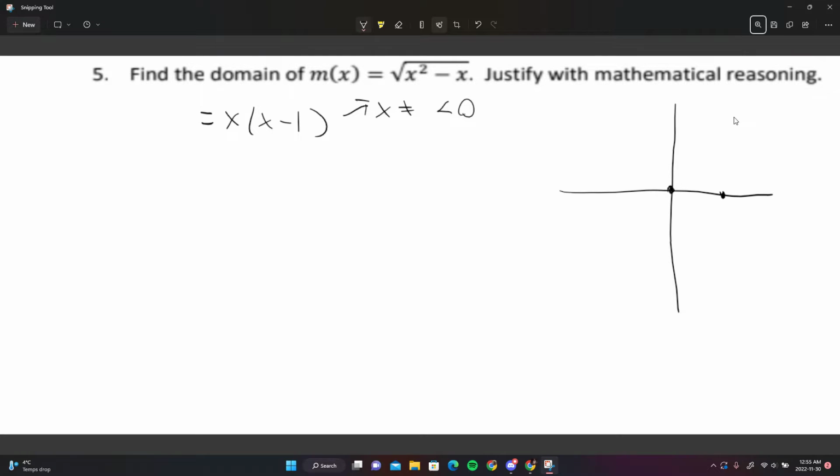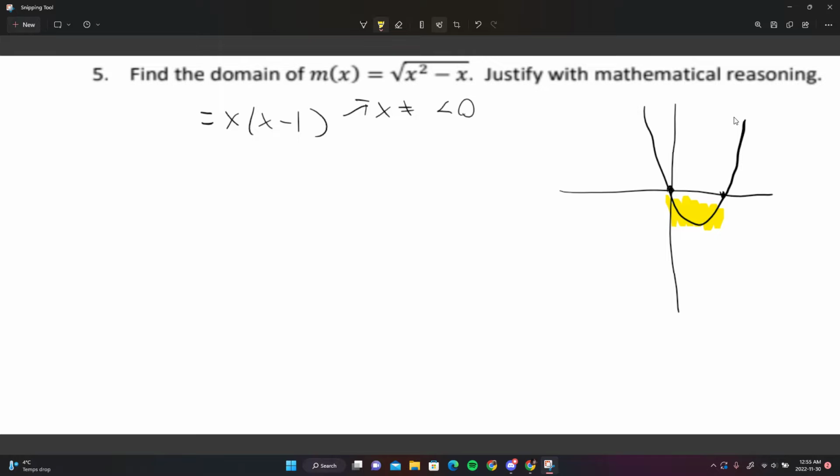So this is what our graph is going to look like, a parabola. For our function here, we need to find out where it is negative. And as you can see, it is negative from 0 to 1, right?